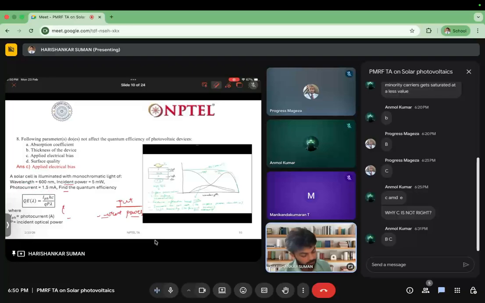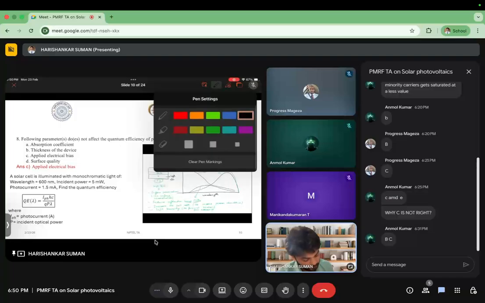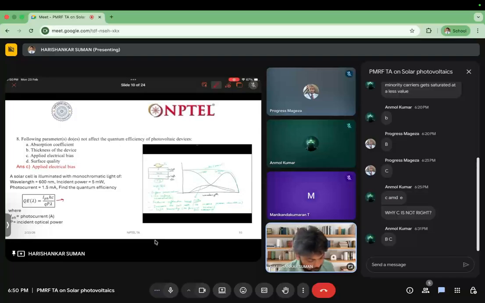So you have to find the quantum efficiency. Please apply this. Quantum efficiency here is: I_ph, the incident photocurrent, means output.